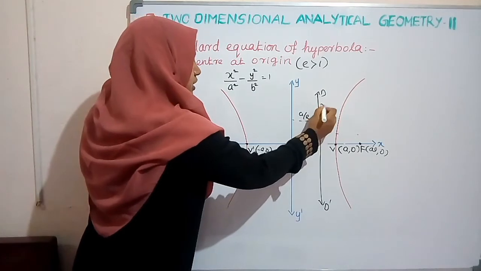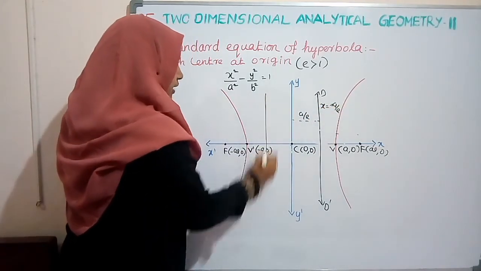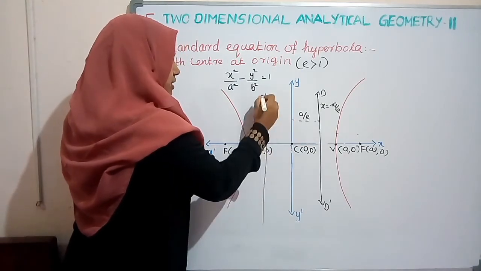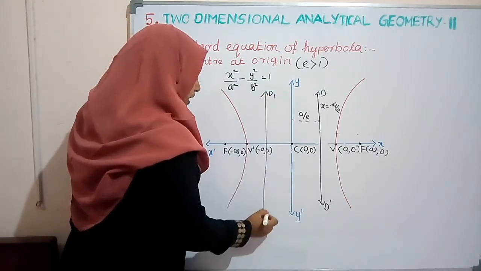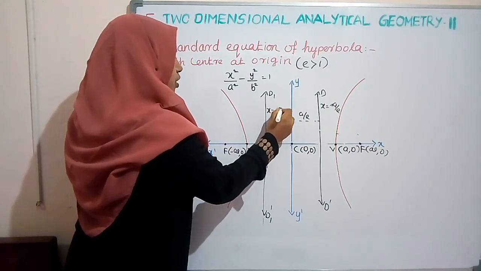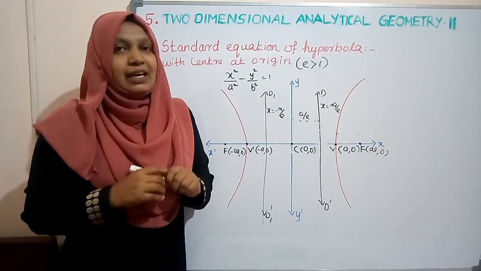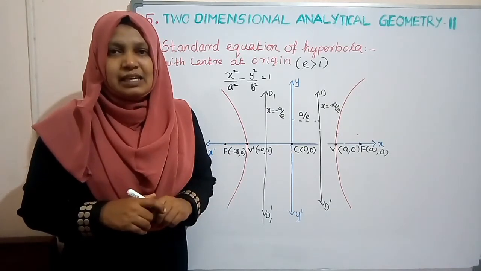So its equation is x is equal to plus a by e, and on the left side it has the same distance. So D1, D1 dash is another directrix and its equation is x is equal to minus a by e. So the equation of directrices will be x is equal to plus or minus a by e.